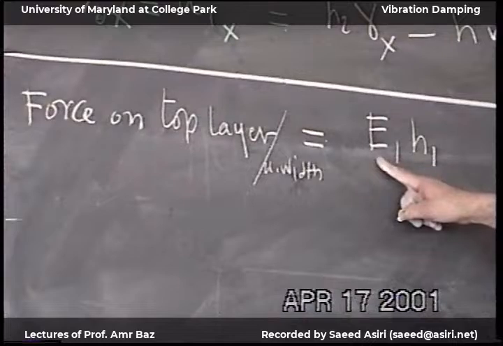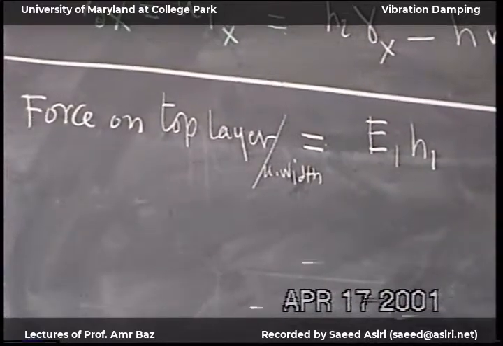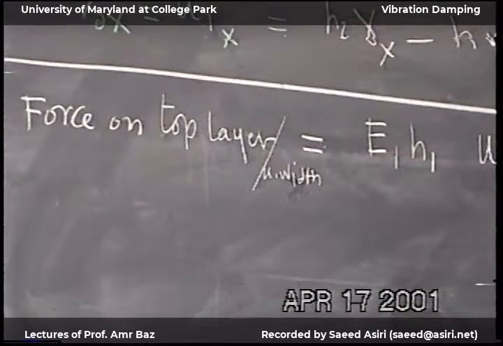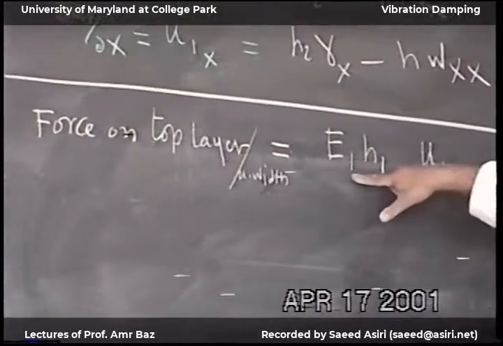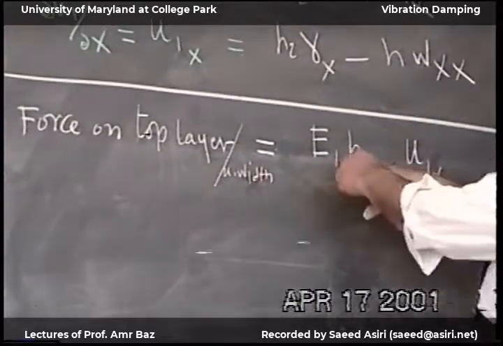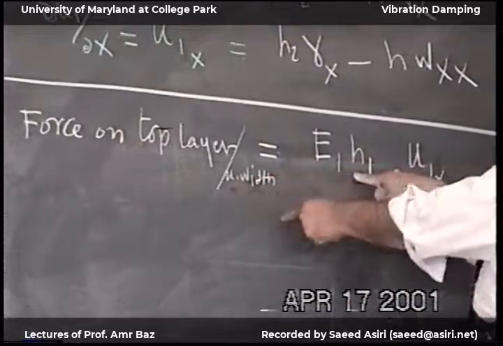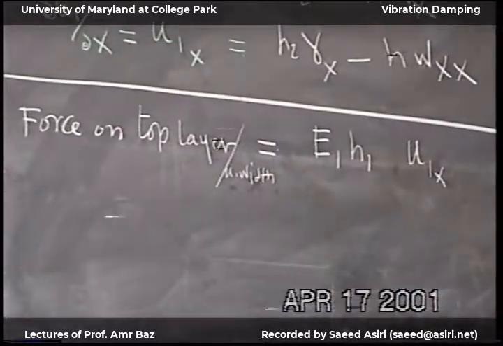So the Young's modulus times the area times the strain U1. This times this would be the stress times the area of the cross section, H1 and the unit width. This would be the force.